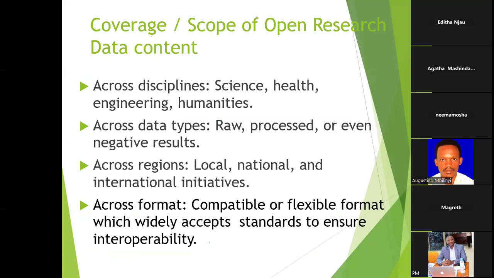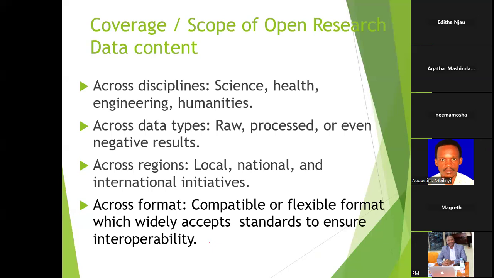Coverage or scope of open research data contents. When you talk about coverage or scope, it simply means the extent, range, and type of information in open data. Open data can be across disciplines such as science, health, engineering, and humanities.